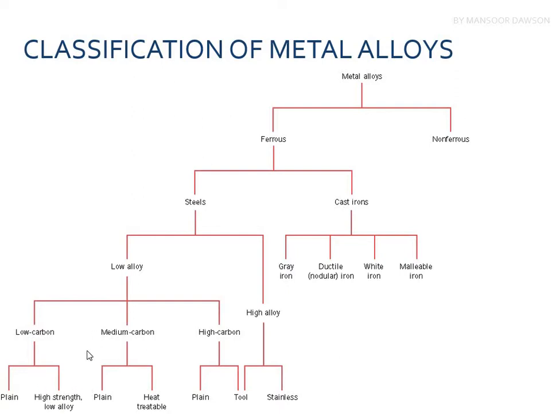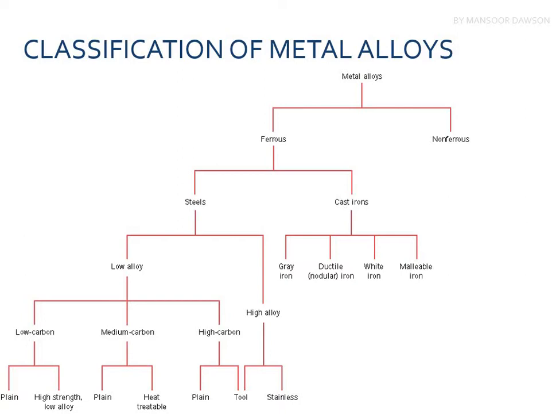Then we have medium carbon steel, in which we have plain carbon steel, which has only carbon and very few alloying elements, and heat treatable medium carbon steel, which has certain alloying elements as well.